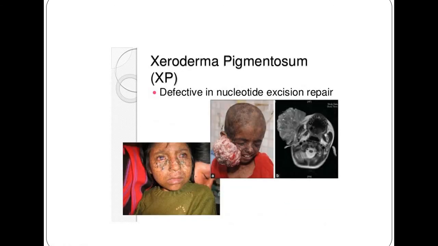Xeroderma pigmentosum is caused due to a defect in nucleotide excision repair, which is a mechanism for repairing DNA mutations. When this system is defective, it results in the development of this form of cancer. So that's one of the factors of cancer. Let's see the next topic, the cell cycle.